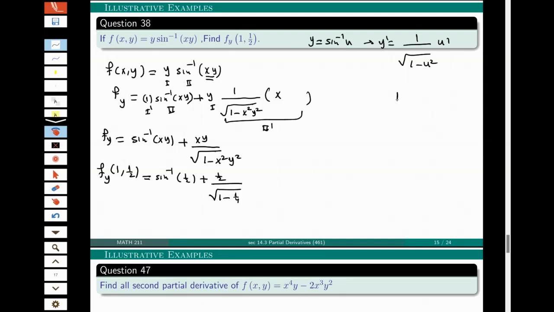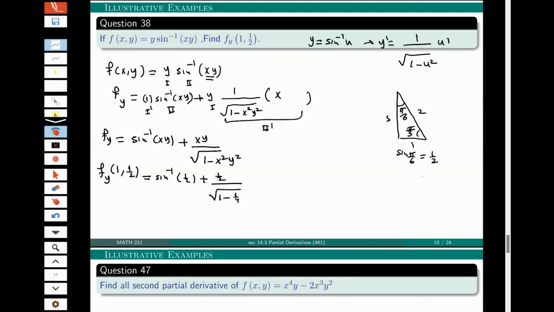Okay, what is sine inverse of 1 half? You can use your calculator, or it's easier by the triangle. So this is 2, 1, square root of 3. We know sine pi over 6 is equal to half.